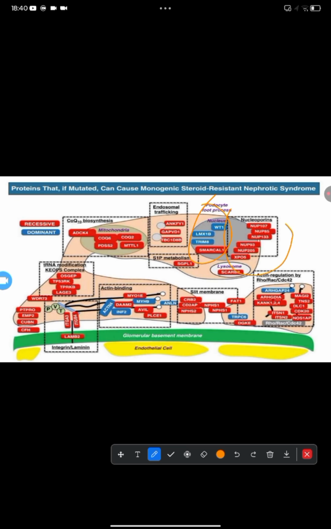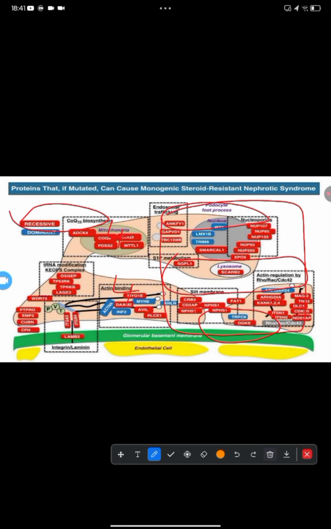Then just beside it, we have the nuclear pores, which contain recessive genes like NUP107, NUP85, NUP133, NUP93, NUP205, and XPO5. And finally, we have the endosomal trafficking genes, which are ANKFY1, GAPVD1, and TBC1D8B. These also are recessive genes.